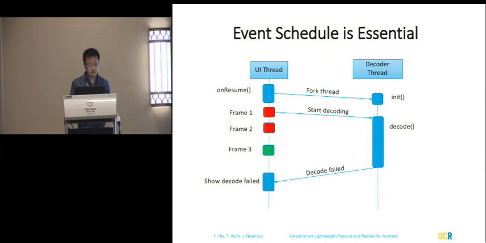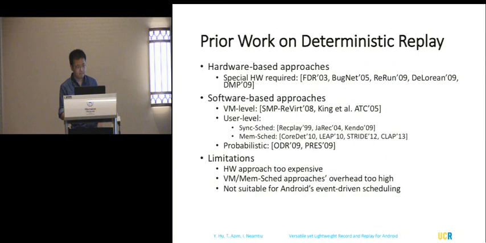At this time, the UI thread will ignore frame 3. But according to the recording, we only recorded 3 frames, because 3 frames already successfully show the correct information. In this replay case, it just shows that it cannot recognize the picture. This is called replay divergence, which is not what we want.